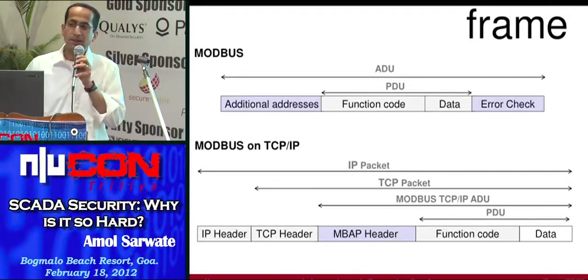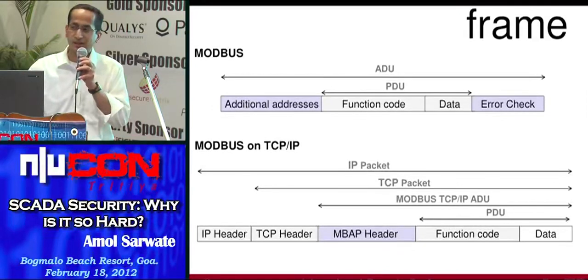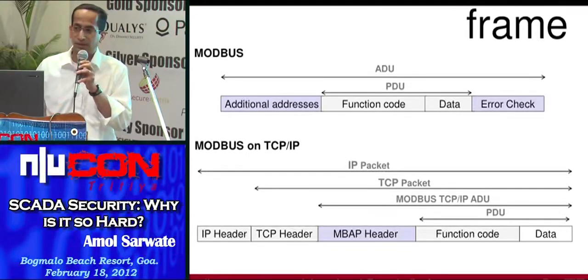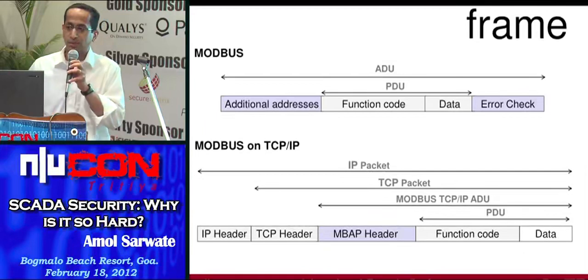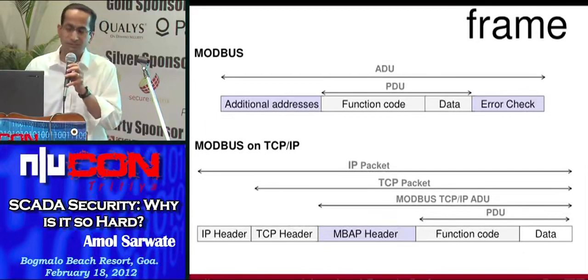When TCP/IP started getting popular 30, 40 years ago, it was ported to TCP/IP by simply encapsulating it into the TCP and IP packet. So all you can imagine now is it's a very simple protocol inside your TCP and IP packet.